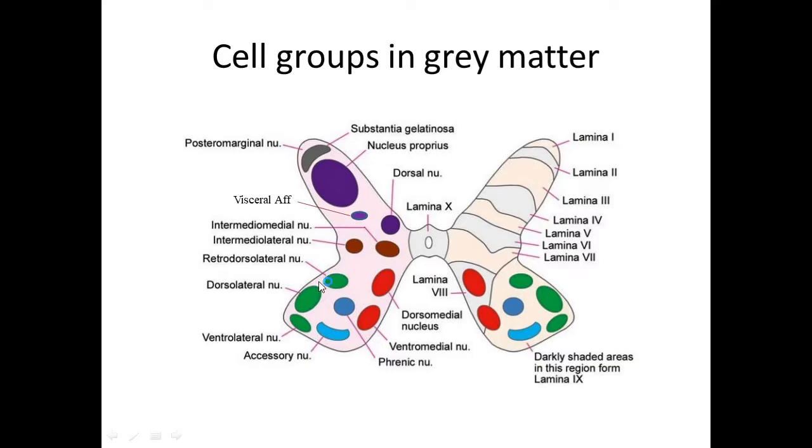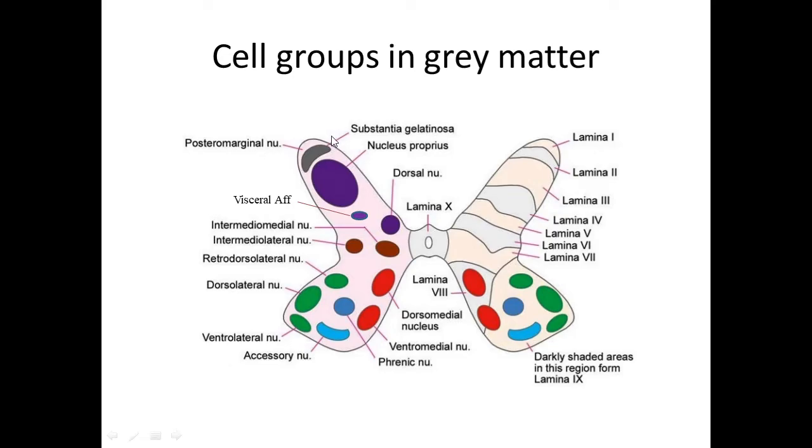And the retrodorsolateral nucleus, which supplies the intrinsic muscles of the hand and foot. Then the central group consists of the accessory nucleus and phrenic nucleus. So this is the accessory nucleus and the phrenic nucleus. So these are the nuclei in the anterior gray column.